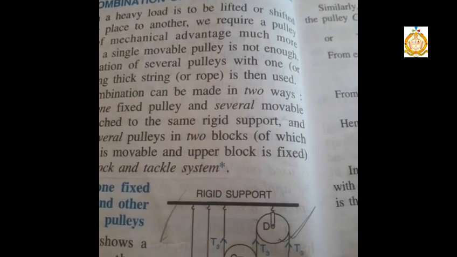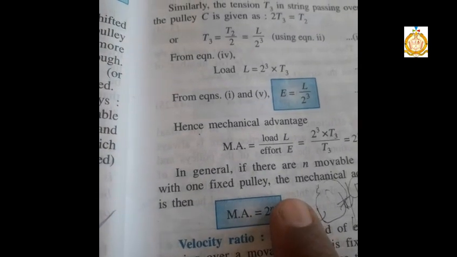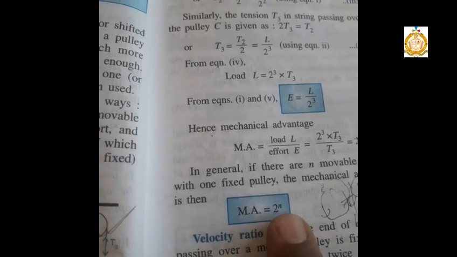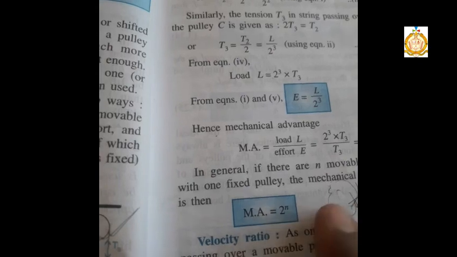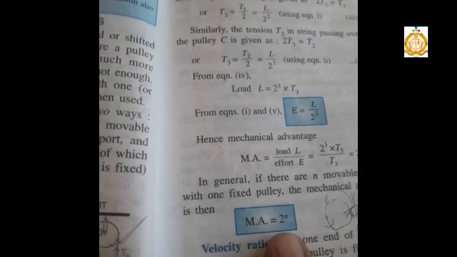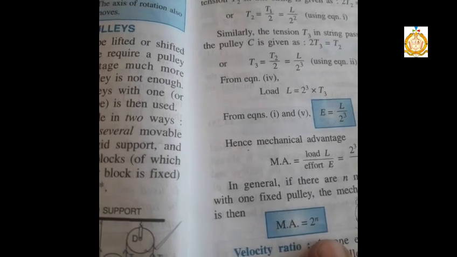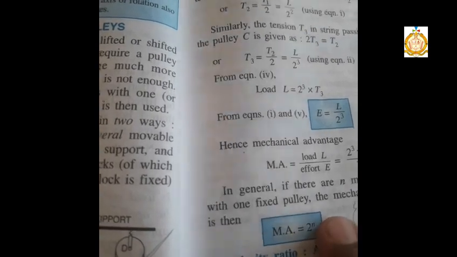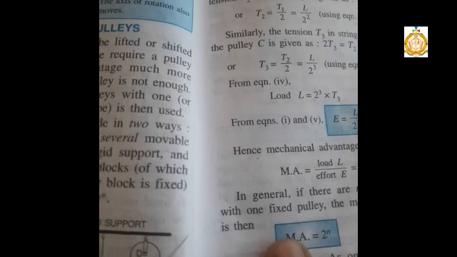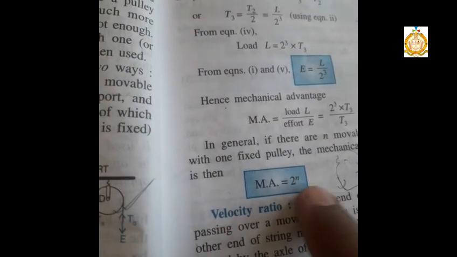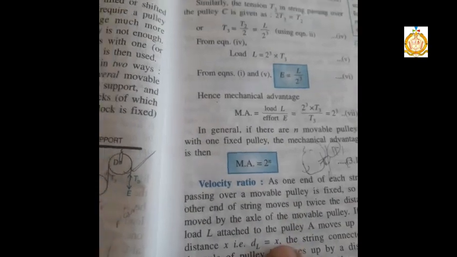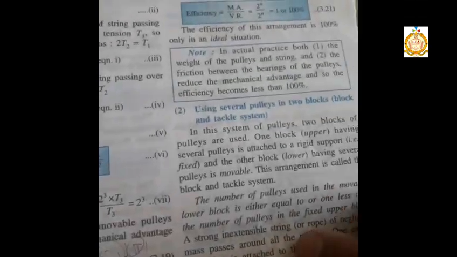The mechanical advantage formula is 2 to the power n. If the bases are equal, then the number of movable pulleys is n equal to 3. So the velocity ratio is also 2 to the power 3.